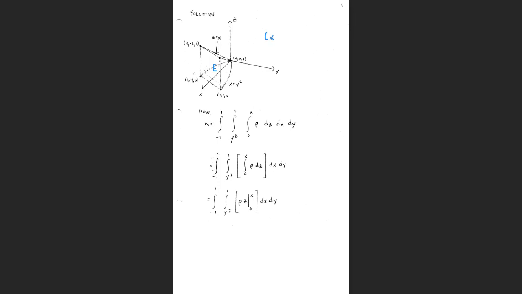So we need to find an x bar, a y bar, and a z bar. And of course, as you know, x bar is the moment about the yz plane divided by the total mass. Y bar is the moment about the xz plane divided by the total mass. And z bar is the moment about the xy plane divided by the total mass.